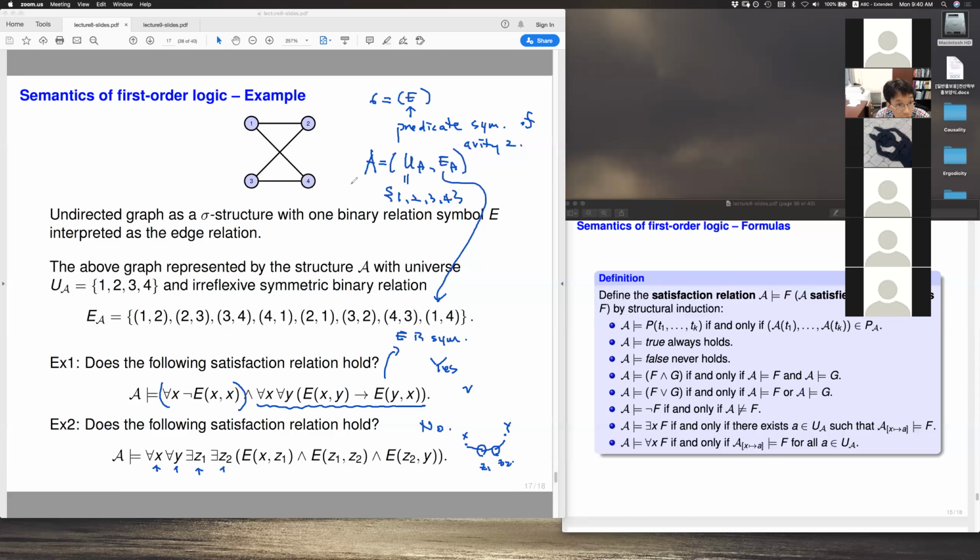And then this is not true, because if I pick 1 and 3, then we can't really find a path of length 3. If we go a path like this, the path is length 2, another path is length 2, and so on. So we can't come up with a path of length 3. So 1 and 3 is a counterexample of the claim at the bottom. So this statement is going to be false.